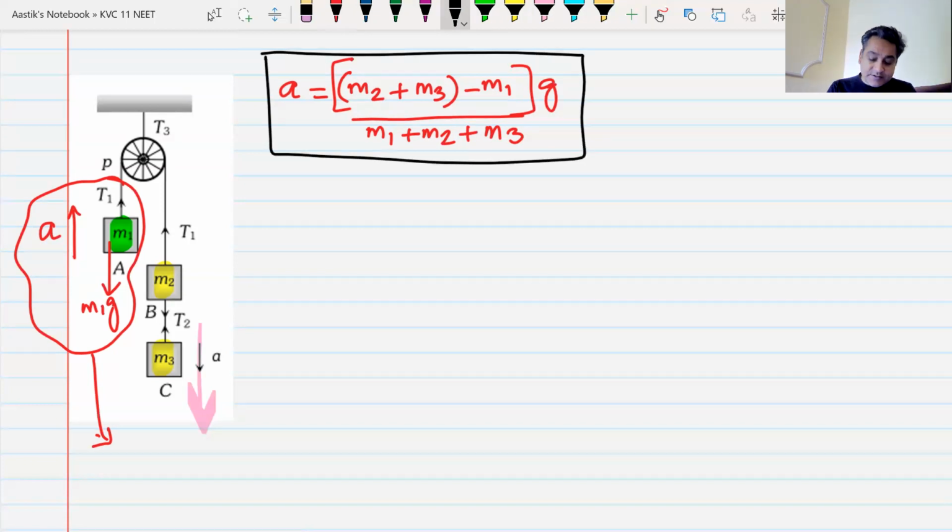Now, can you tell me the equation of this block M1? No one can tell me the equation of block M1?